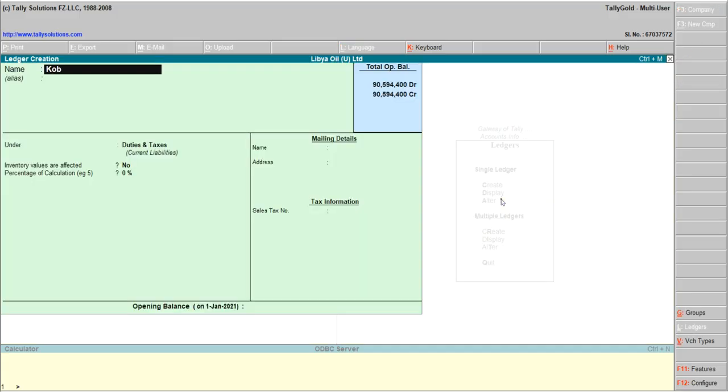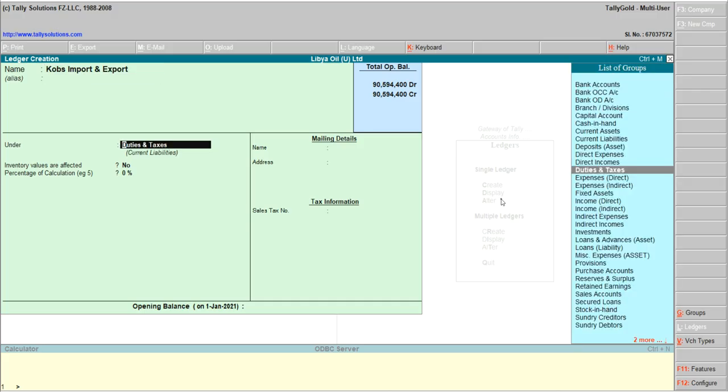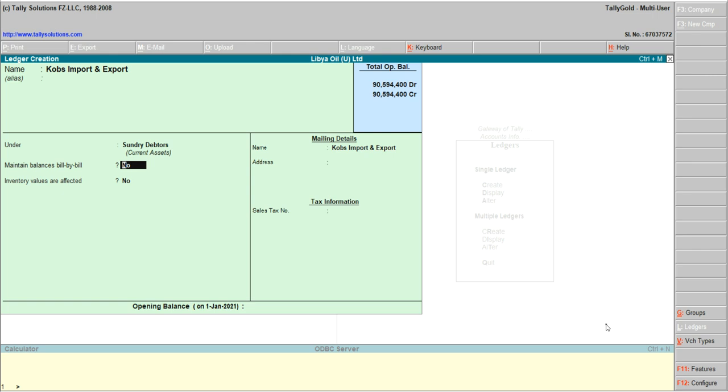This is Cobbs Import and Export. This is a sundry debtor. Opening balance, no.